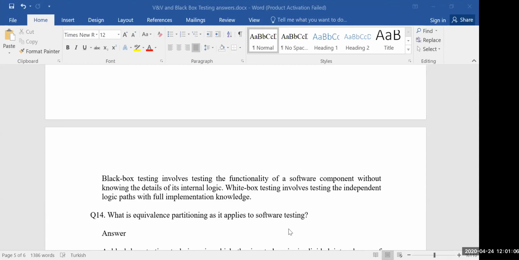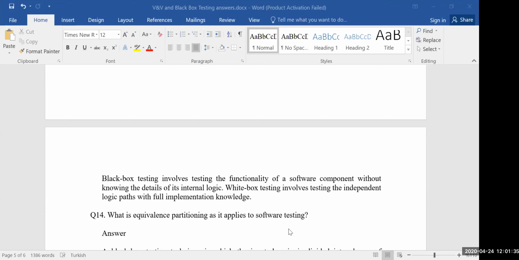We don't care about what goes on inside. We don't see the inside of the box. We are giving a specific input, and we are expecting a specific output.